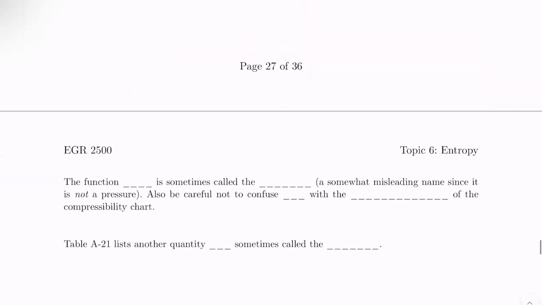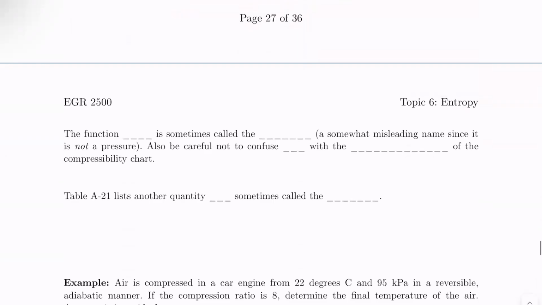To talk a little bit more about PR, this function PR is sometimes called the relative pressure, which is honestly kind of a misleading name since it's not a pressure at all.